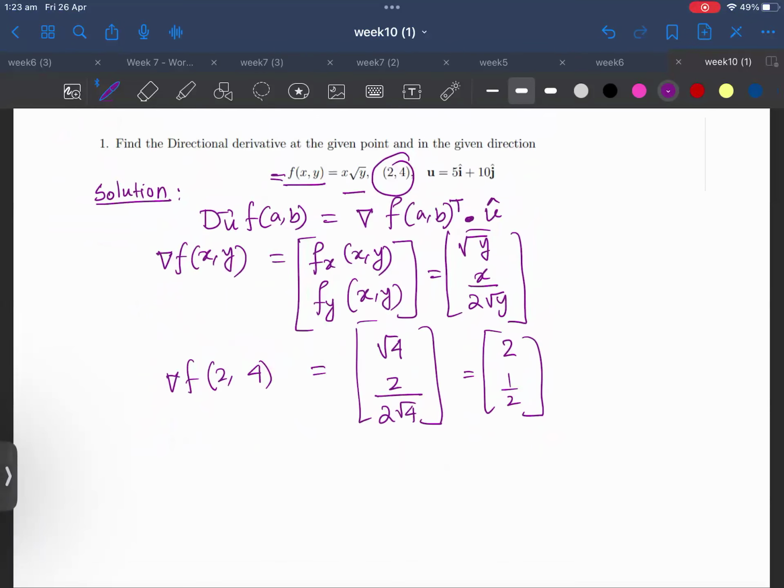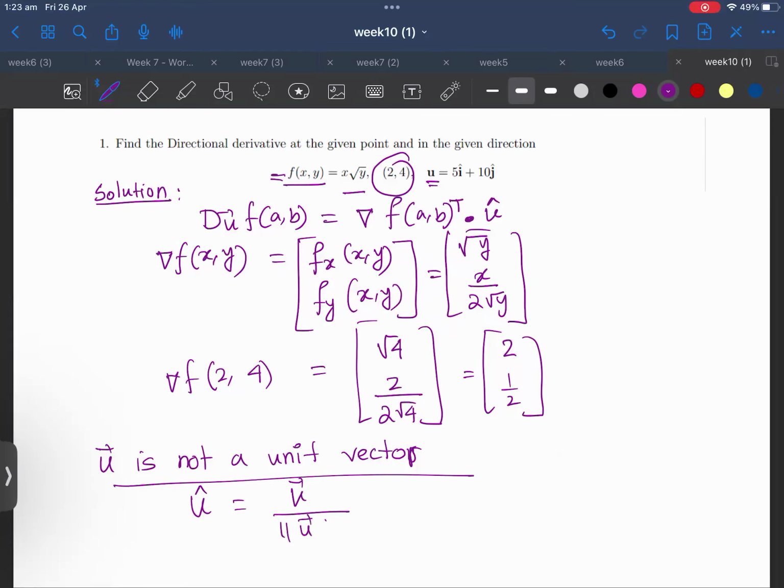And look at that here: u is not a unit vector. It's not a unit vector. So we need to make a unit vector. So what would happen? How to make a unit vector? Like this: u hat is the vector divided by the norm of that vector.